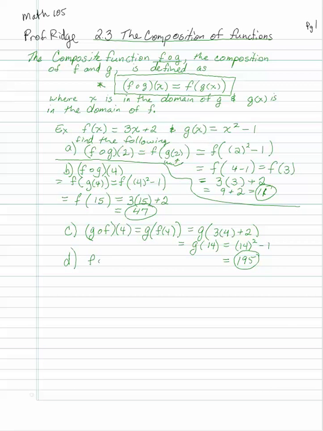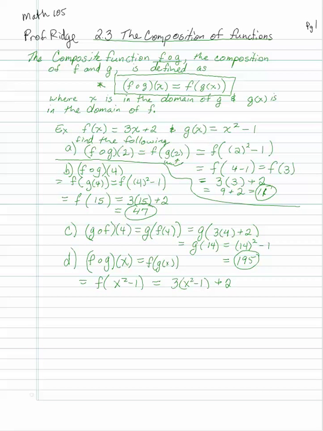So again, we can do f composed with g now of just a letter, just the actual x. So it'll be f of g of x. That'll be f of g of x, where g of x was given to us to be x squared minus 1. And now f is 3 times x plus 2, but now we're not doing f of x, we're doing f of x squared minus 1.